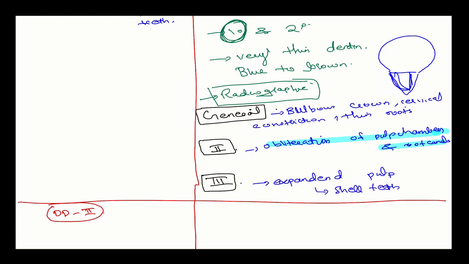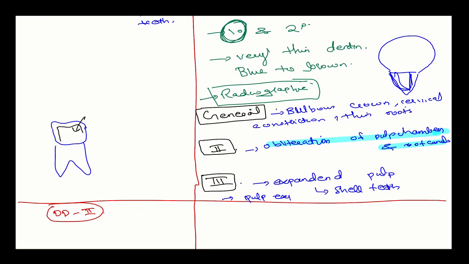And thus it's called shell teeth. Due to this reason, there will be pulp exposure because the pulp is very expanded. If this is the tooth and this is the expanded pulp chamber, exposure is very easy.